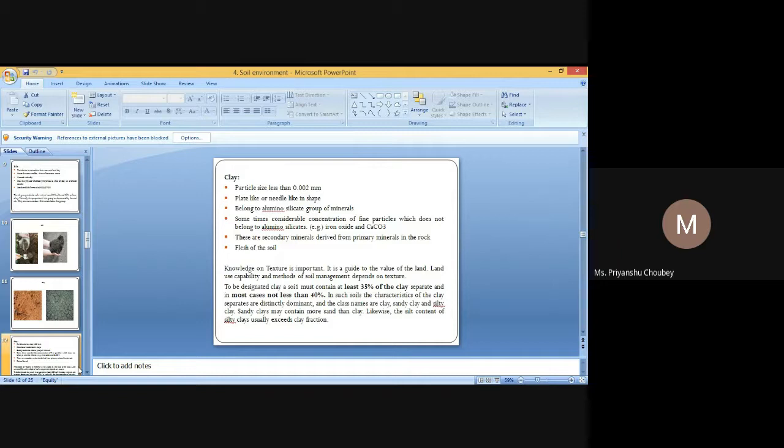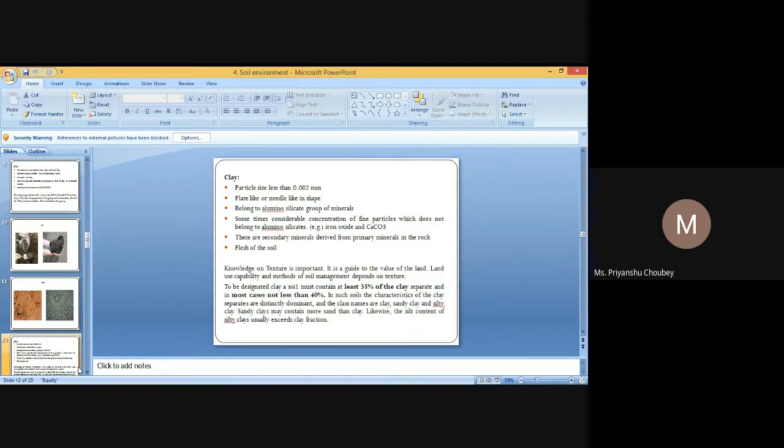Knowledge of the texture is important. It is a guide to the value of the land, use suitability, and method of soil management depends on texture. To be designated clay, a soil must contain at least 25% of the clay separate, and in most cases not less than 40%.